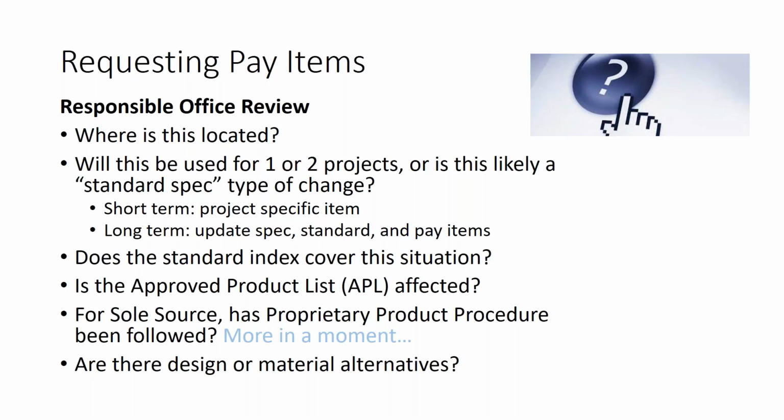Does a standard index cover this situation? Are there approved products available on the APL? Are we looking at a sole source situation? We'll talk about that in just a moment. Or are there other design or material alternatives that need to be considered?